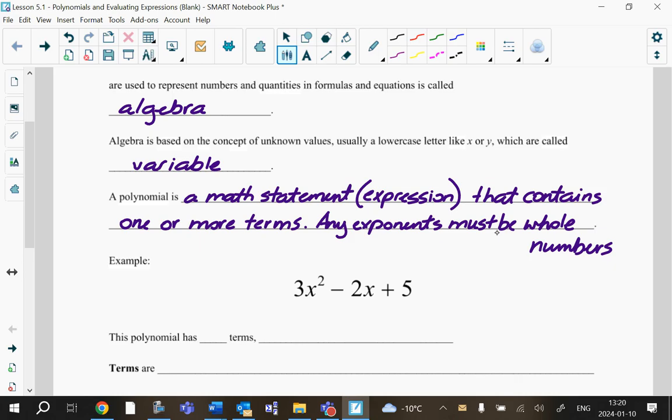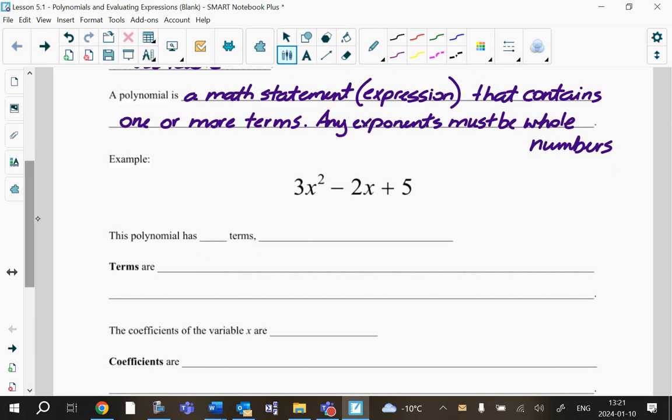Here's an example of one. This one has 3 terms. Okay. How do you tell terms in an expression? They're the ones that are separated by the plus and minus signs. Okay. So the 3 terms are this one, 3x squared.